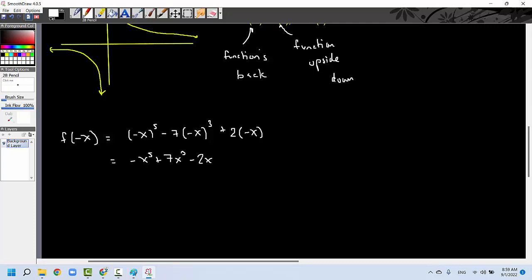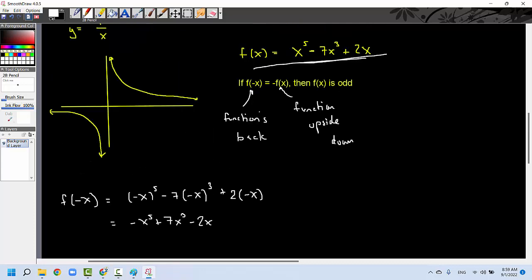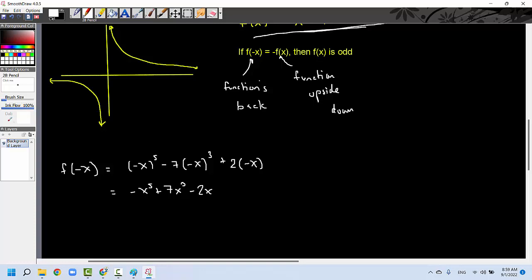Now, you may be thinking, based on our neither version of the example, wait a second, the function completely changed. There's no way this thing is odd. Well, let's see what happens if we factor out a negative from this expression. If I factor out a negative, that x to the fifth will go positive, the 7 will become negative, and then the 2 will become positive yet again.